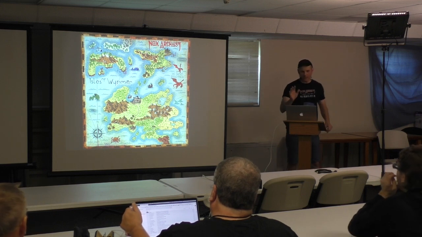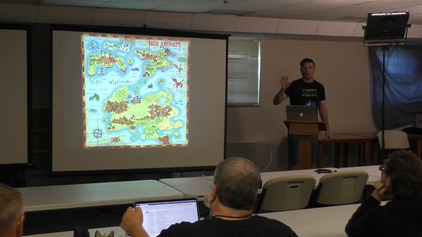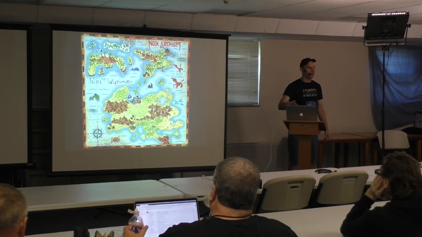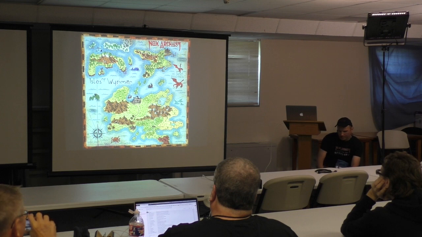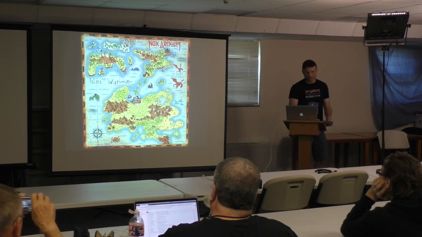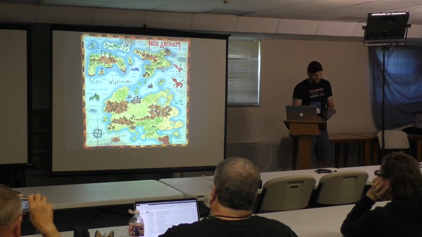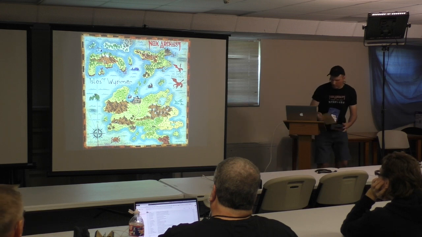And so this is the final art rendering of the final cloth map that will be in the box set of Nox Arcaist. And I have a copy of that here.